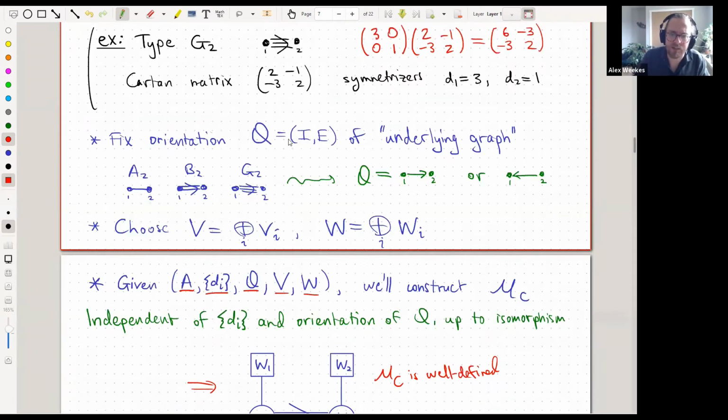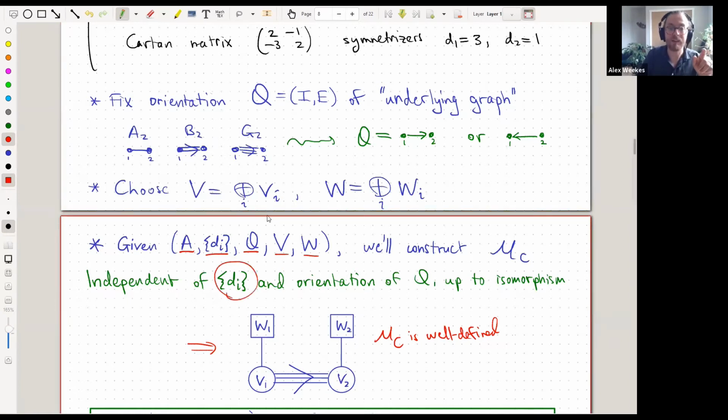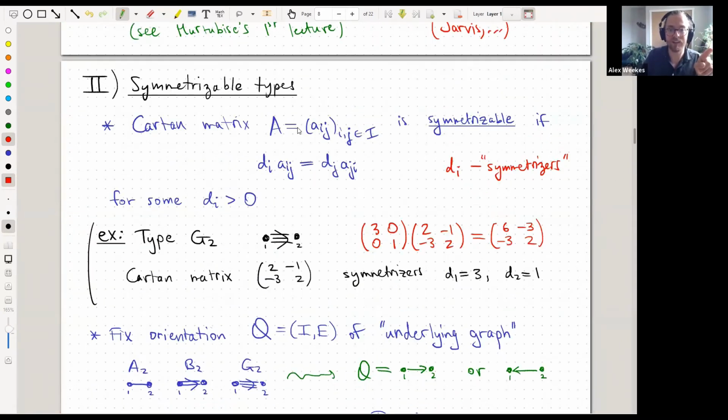Maybe my wording here is a little confusing. I don't mean to say that you can just choose any random numbers di. Rather, they have to satisfy this equation. And so when I say that it's independent of this choice, I mean to say that, for example, here, we could have taken d1 is 6 and d2 equals 2. I could multiply both of them by 2. And in fact, more generally, I can get something like 3c and 2c.